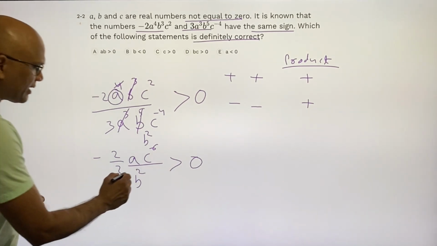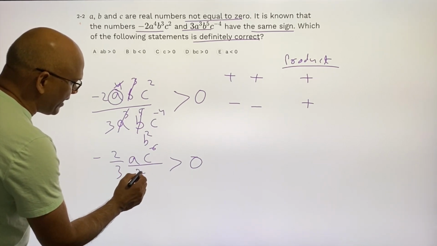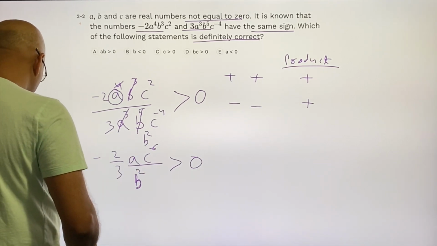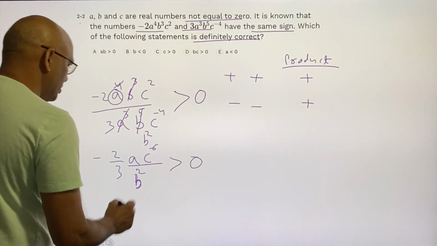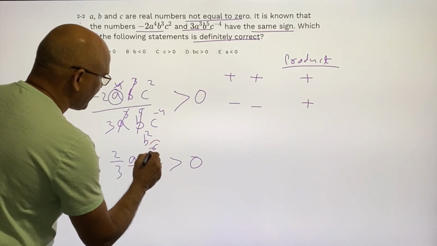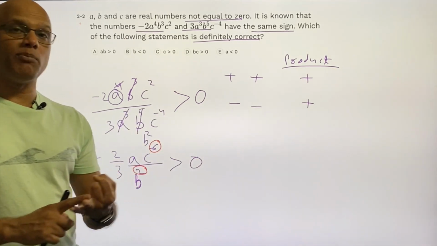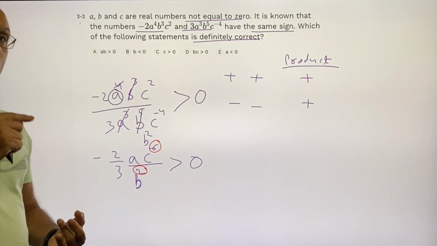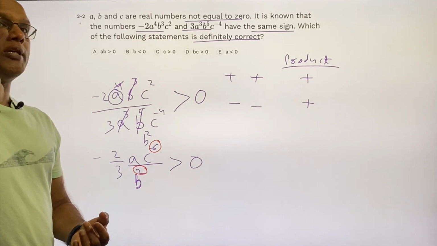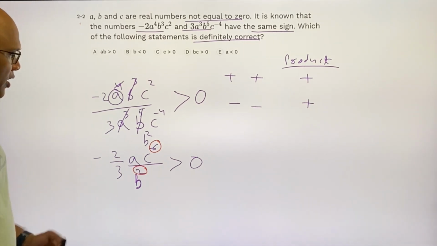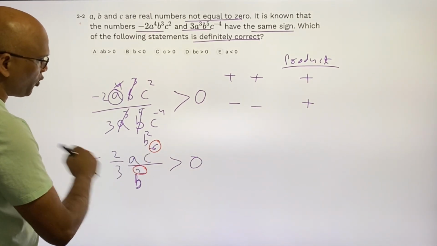Now we know that b, this is an even power. Let me change the color. So this is an even power, this is an even power, right? Any number to an even power, whether it's positive or negative, is always positive, right? So these two numbers are always positive, right?